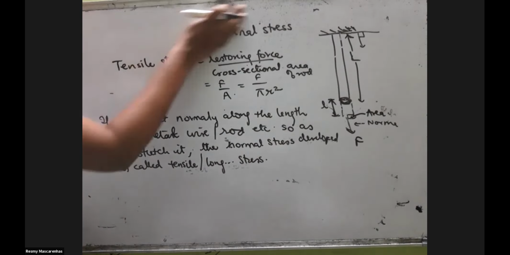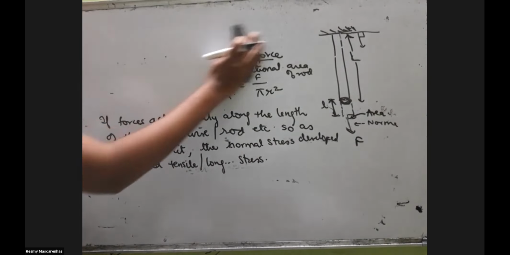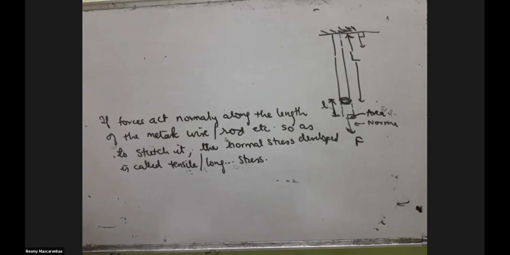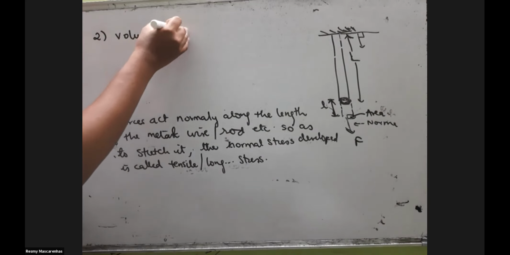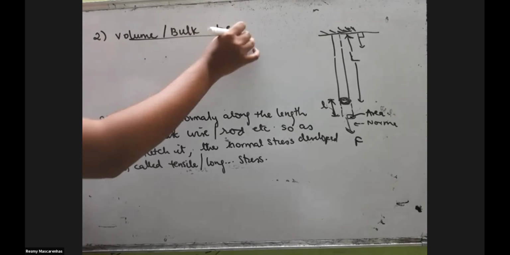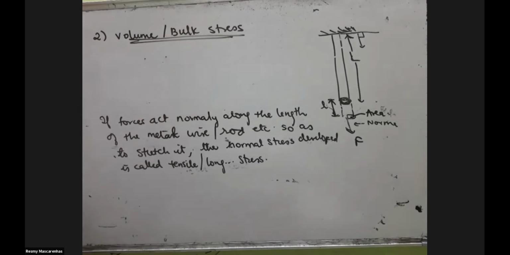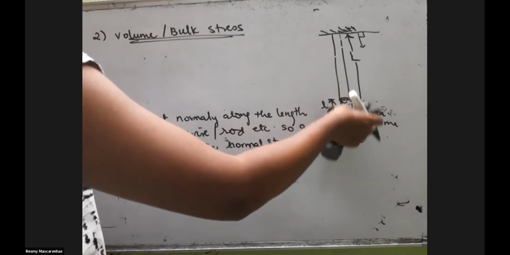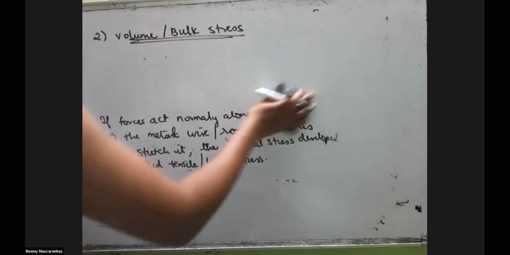Then the second one is volume or bulk stress. The earlier one was acting lengthwise. Now looking at the word volume, you know that it will act on the whole volume, not only this area, but the whole volume of the object.